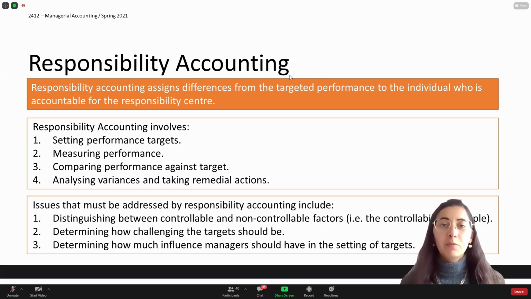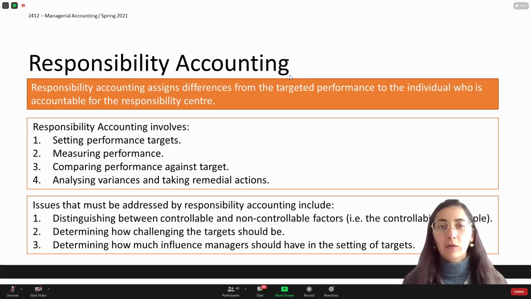So if we have the manager of the store who is responsible for the revenues and the costs of that store, if something goes wrong, or something goes extremely well, which was not expected, we know that this is due to this, is the responsibility of this manager. Okay?